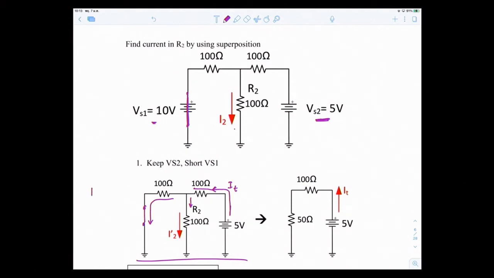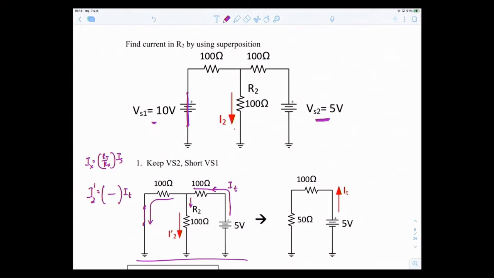So my formula for I2 prime would be equal to, well, the formula is Ix equals R total over Rx times Is. In this case, I2 prime divided out from I total. So this is my I total.